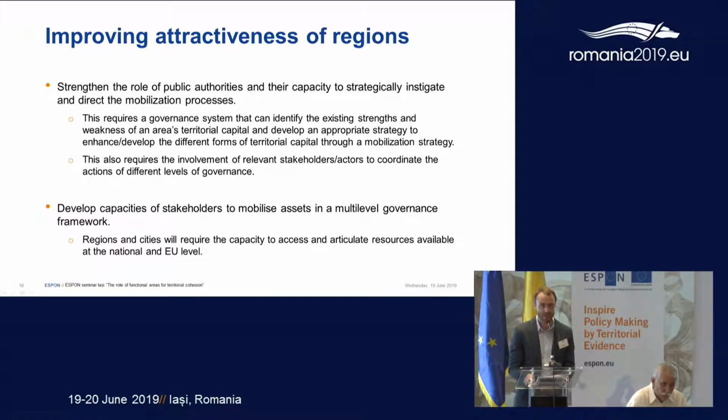They specifically talked about what they called a mobilization strategy, that we need actors and stakeholders to come together to mobilize resources and work on a strategy which specifically addresses attractiveness factors. That could be through governance frameworks, and also capacity building and so on.